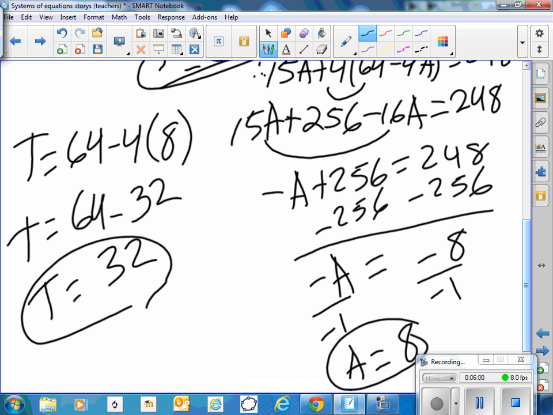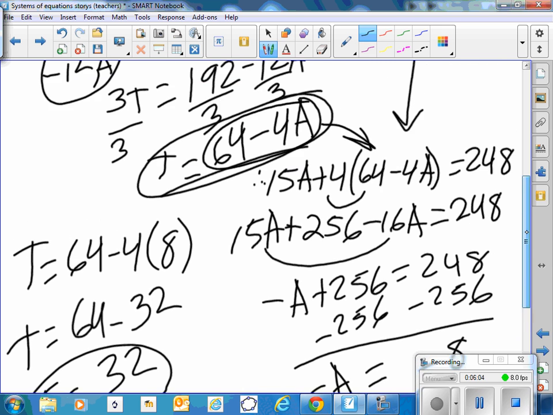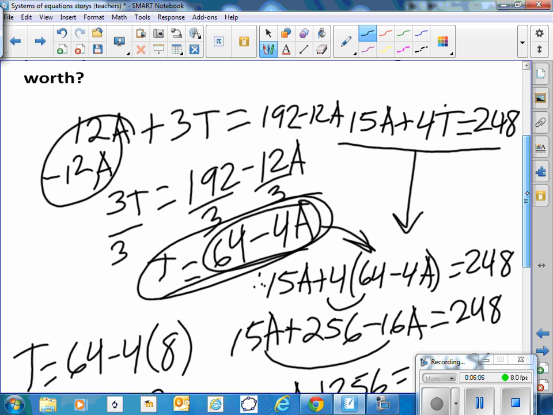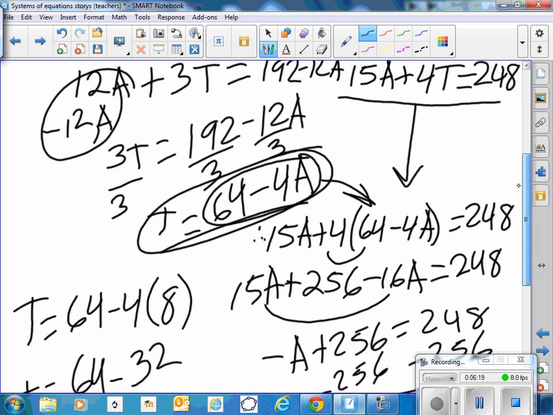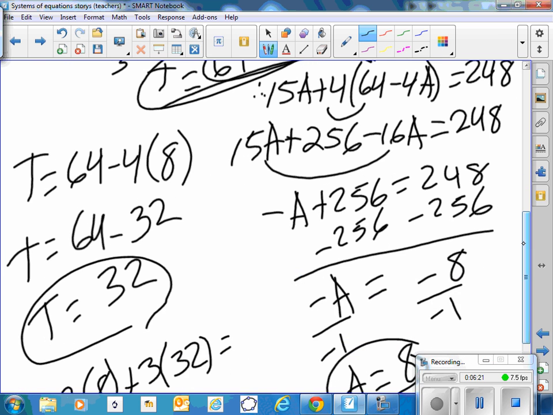We plug those back into the original to see if they work. 12 assignments plus 3 tests equals 192.